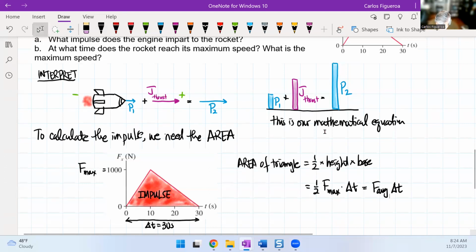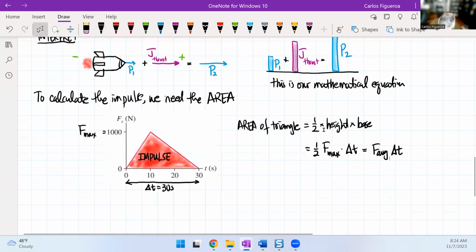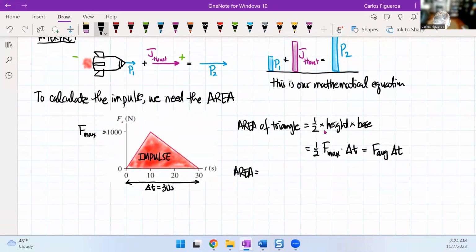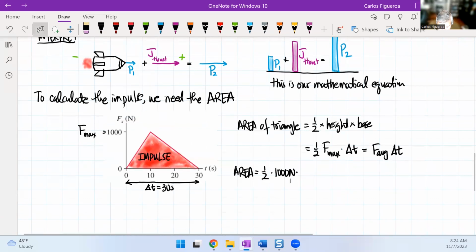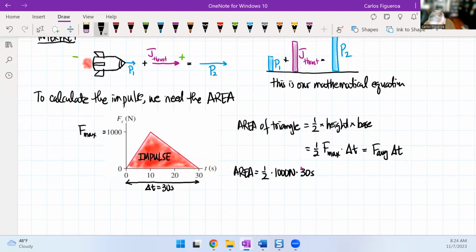If I look at this, here's what I find. The area in this case is going to be 1/2 times the maximum force, which is 1,000 newtons, times 30 seconds. You can see that the units of impulse or momentum are going to be newton seconds right away.